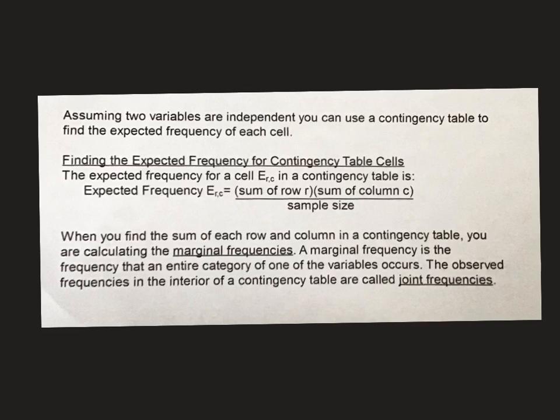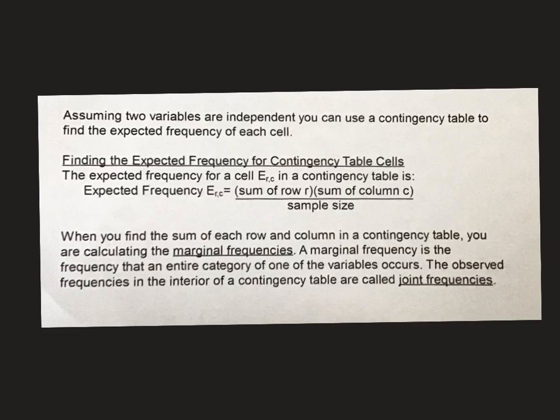So whatever cell you're in, you take the sum from that row and the sum from that column, multiply them together, and divide by the total sample size. That's going to give you your expected frequency. It feels a little weird when you're just saying that out loud, but once you start actually multiplying and dividing, it's not so bad. It's pretty straightforward.